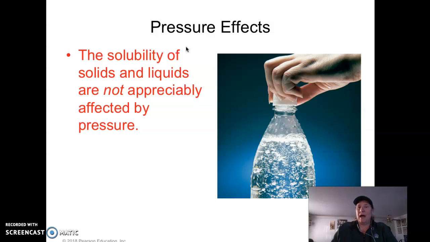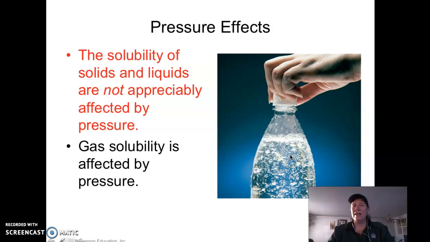That's pop. We're dissolving carbon dioxide in water. We have to have pressure to keep that carbon dioxide in there. If you don't keep that pressure, you lose all that carbon dioxide. It's not going to stay in there if there's a way for it to escape. So we're increasing the pressure, and then we're allowed to dissolve carbon dioxide in water. Okay? So gas solubility is definitely affected by pressure.